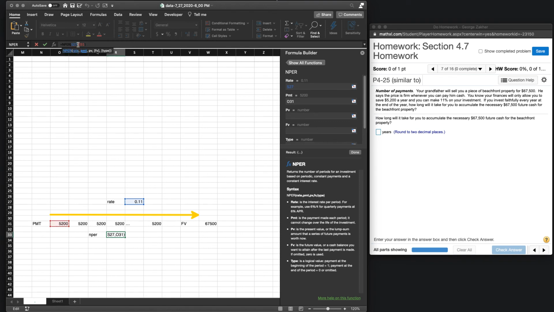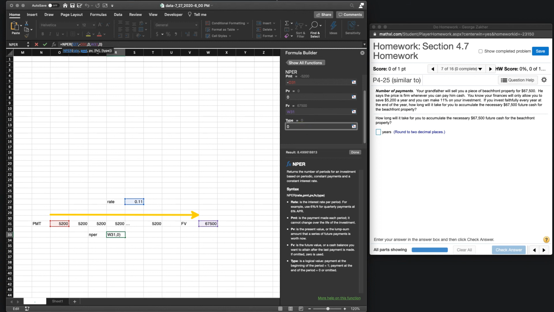Go ahead and do that as a negative. Present value, that's 0. Future value we know is going to be our 67,500, and because we're paying at the end of each year, it's a 0 type.